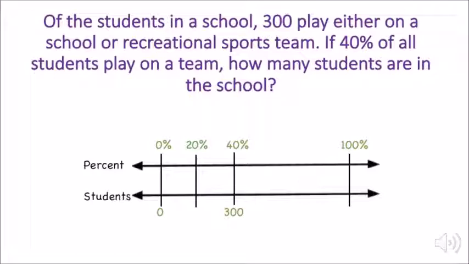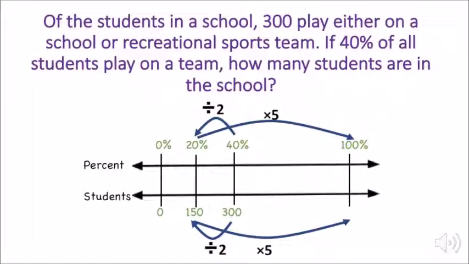To find 20% when 40% is 300, I divide 40% by 2 and 300 by 2, which gives us 150 students. Now that I know 20% of the students is 150 students, I can find out how many students are in the school. I now need to multiply 20% by 5 to get to 100%, and then multiply 150 students by 5 to get to 750 students.